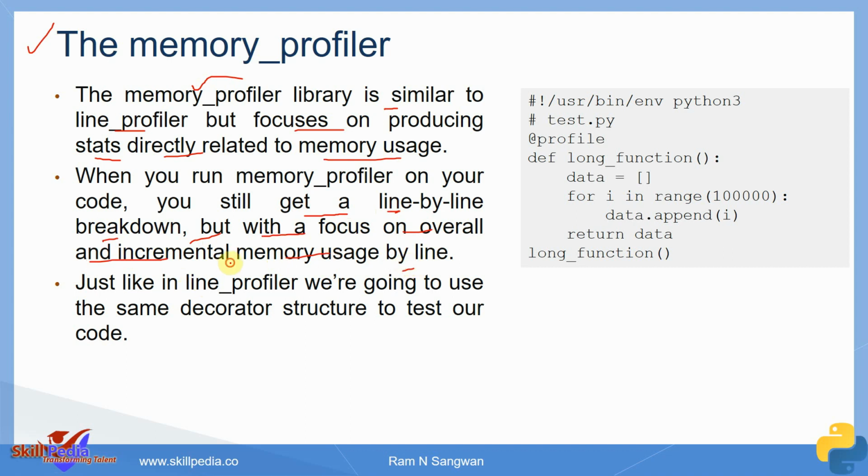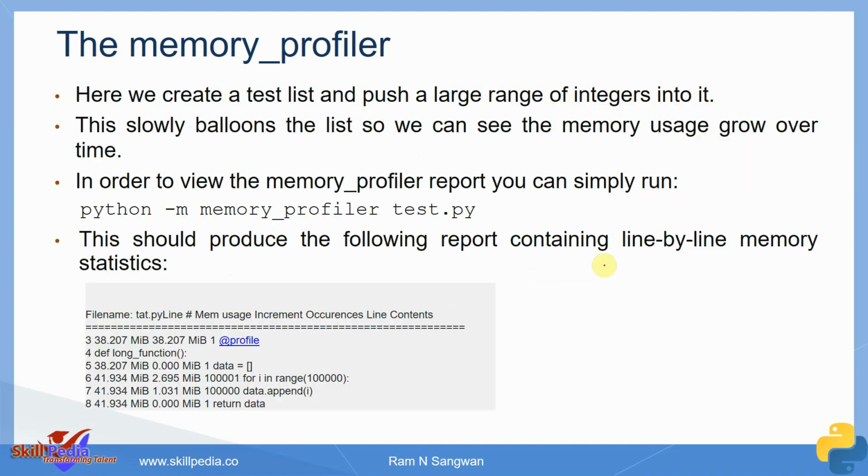Just like the line profiler, we are going to use the same decorator structure to test our code. So same decorator, profiler, and same thing here, the body of the function, and we are calling it. So we'll generate the code and execute it and check the memory profiler.